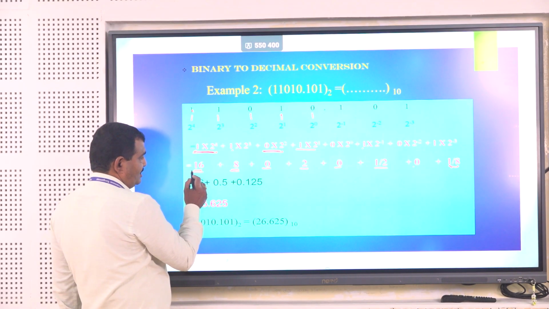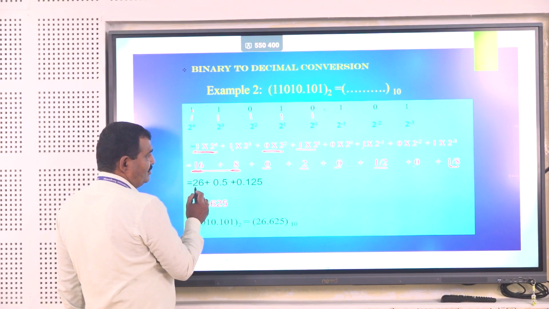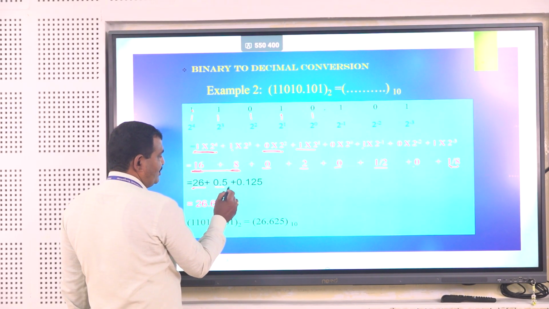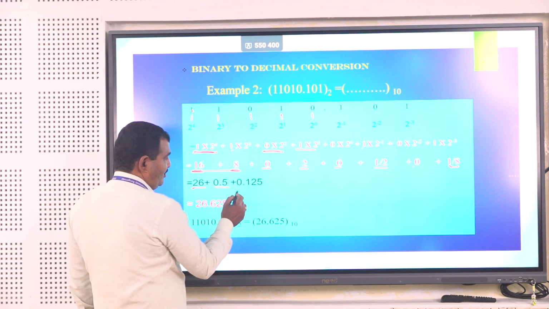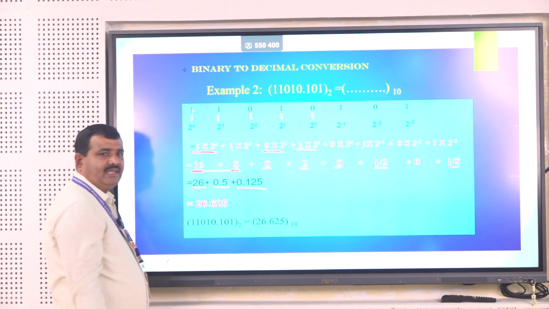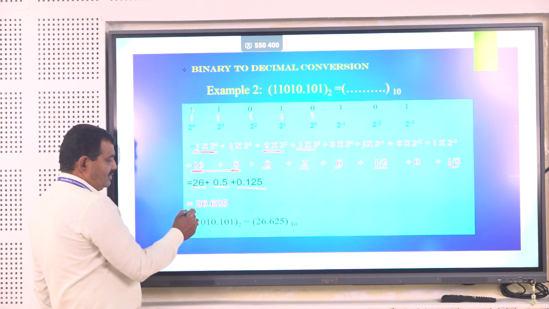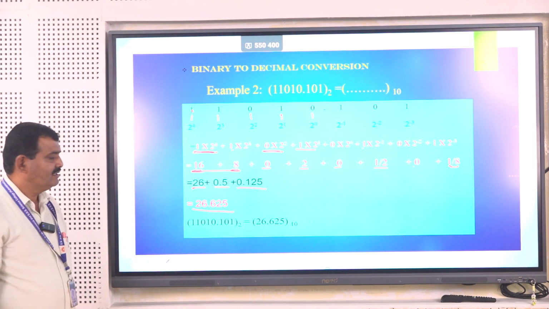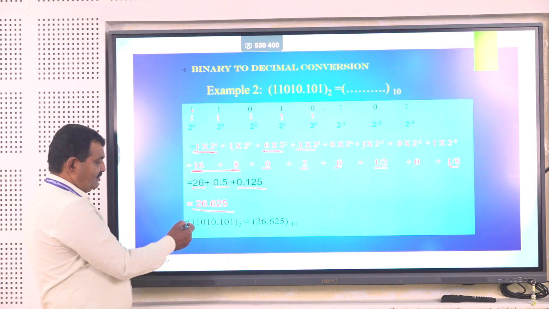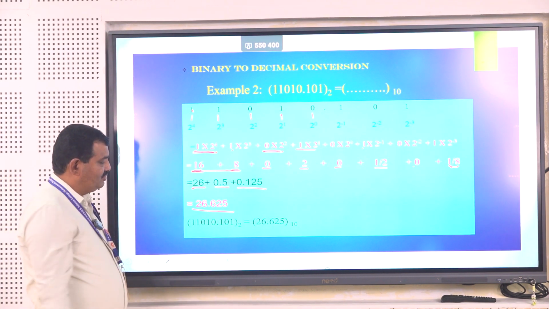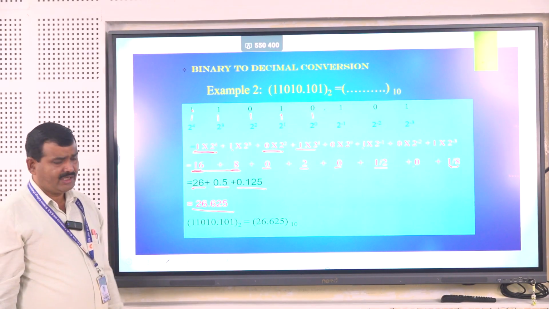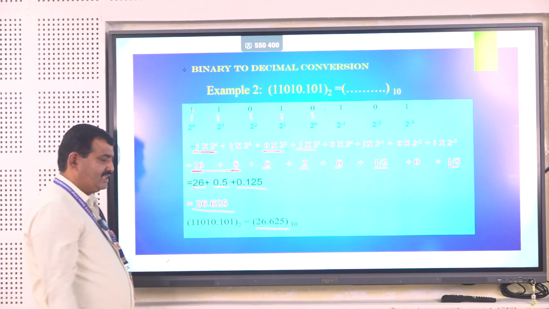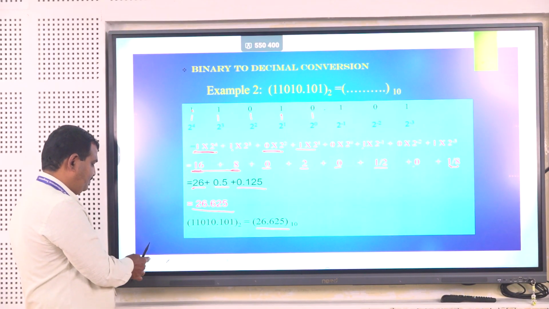So, 16 plus 8 plus 2 equal to 26, 1 upon 2 equal to 0.5 and 1 upon 8 equal to 0.125. So, this total value becomes 26.625. So, this binary number 11010.101 is equivalent to 26.625 decimal.